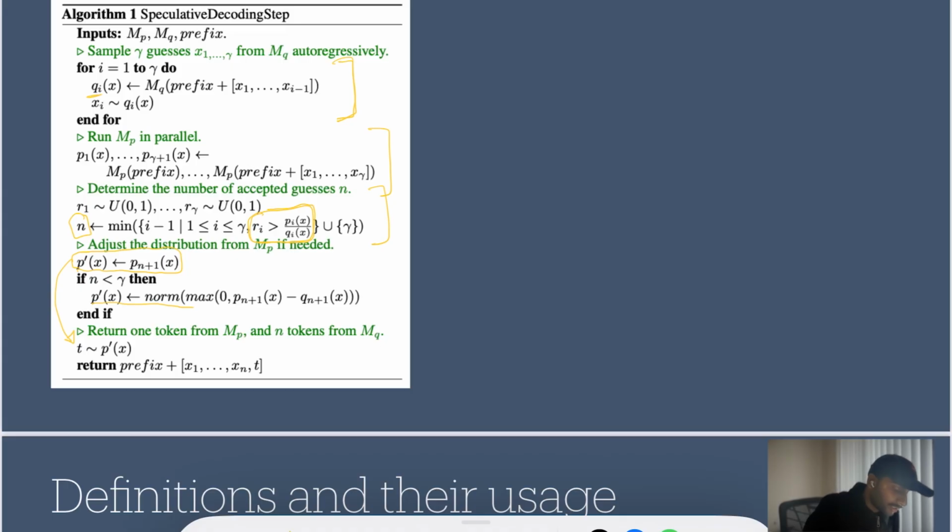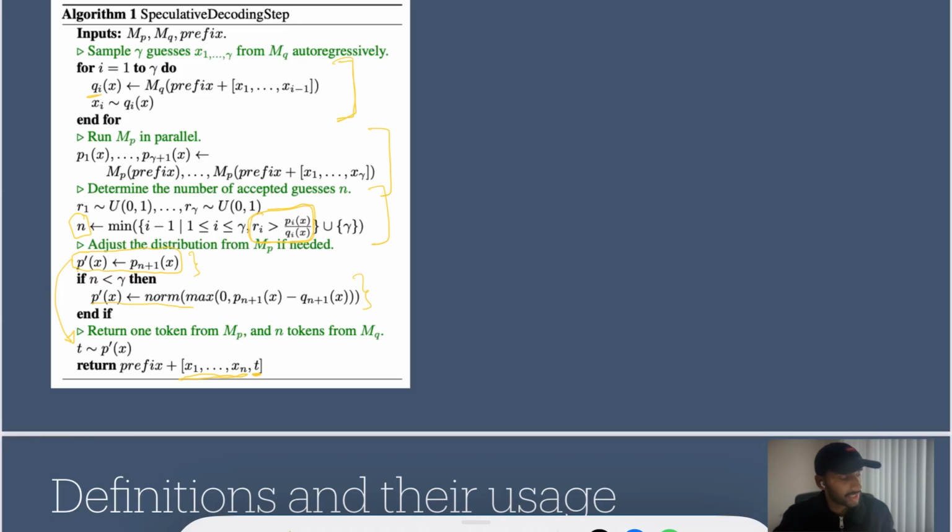We return only the accepted tokens and this new token, or in the case when all the tokens are accepted, you simply sample from the gamma plus one time step's distribution that MP has produced, and that's your last token.